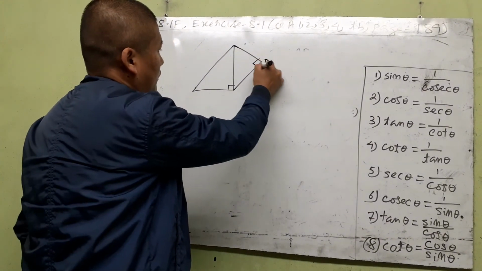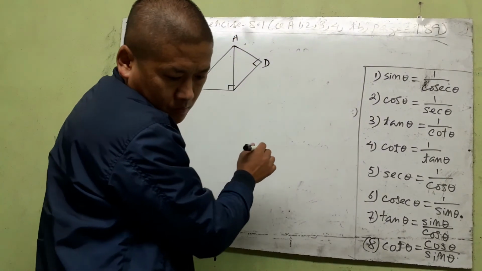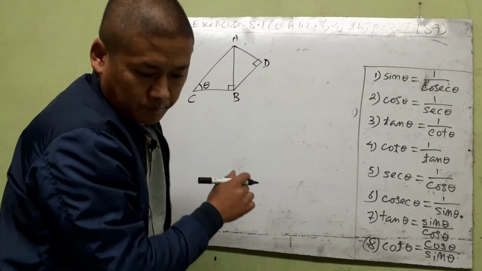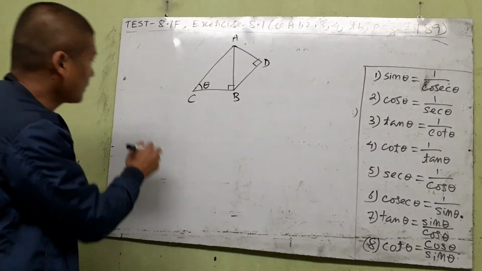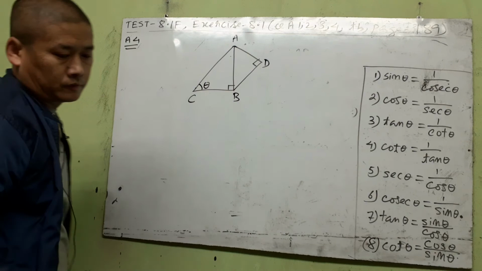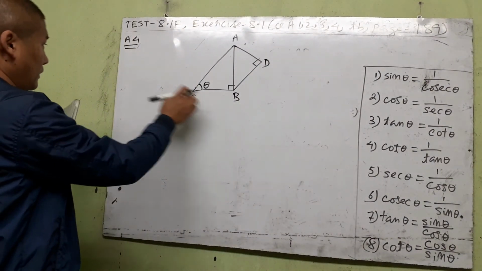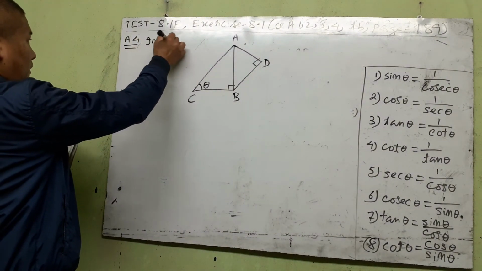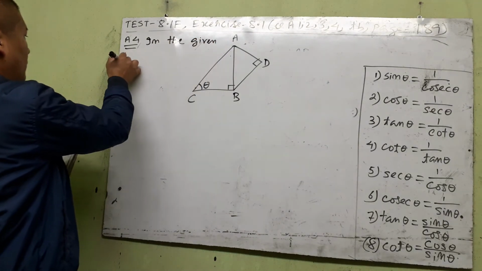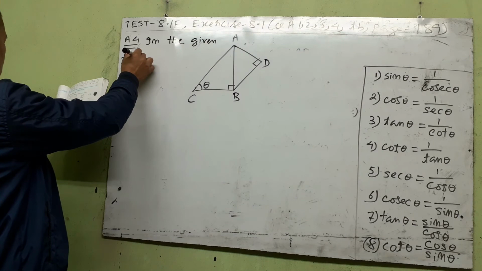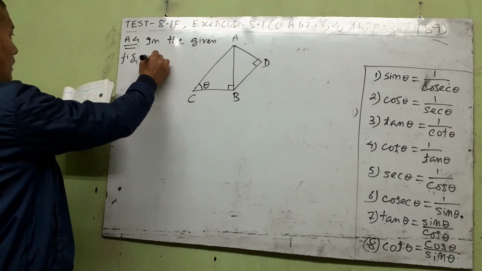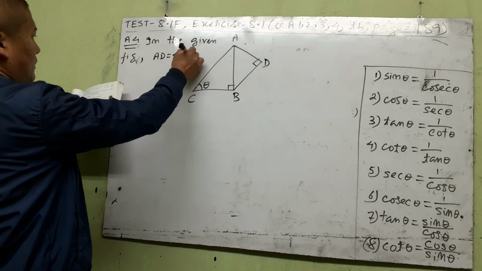D is the right angle point, A here, and then B and C here marked as theta. Then A4. So in the given figure, AD equal to 4 centimeter.